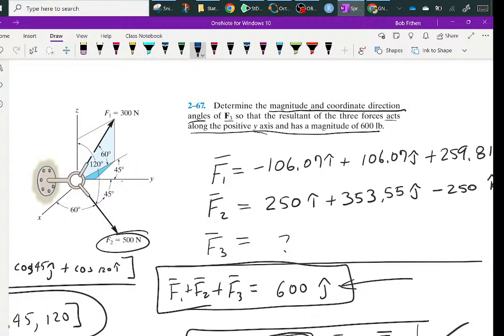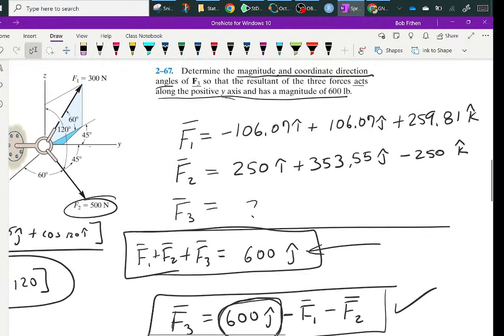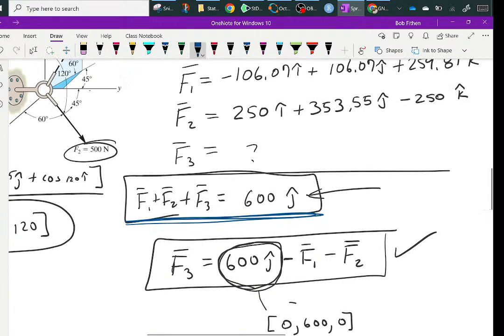So F3, so that the resultant of the three forces acts along... I'll have to look back, but I think if you're saying three forces, the resultant of them is in fact in that direction, positive y, with a magnitude of 600. I can't see my errors. Can you see it?